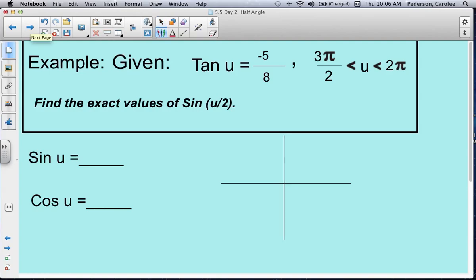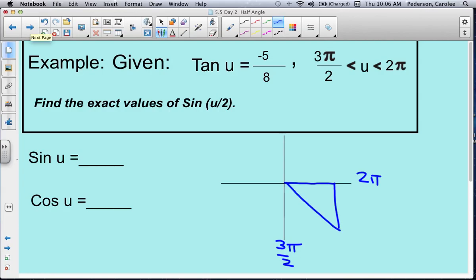So we want our angle to fall between 3 pi over 2 and 2 pi. So if we create our right triangle, this is our x value, this is our y value, and this is our r value. How can we find 2 out of those 3 pieces in the right triangle from what we're given?